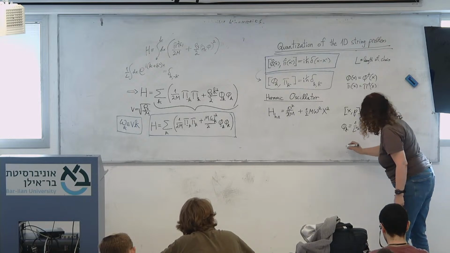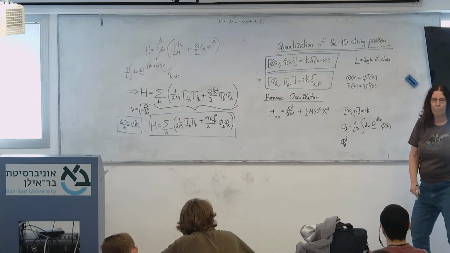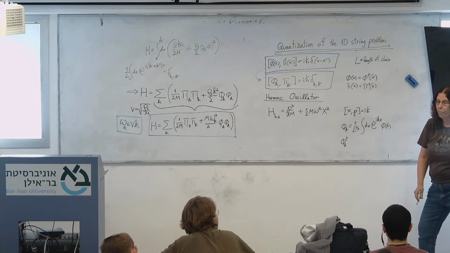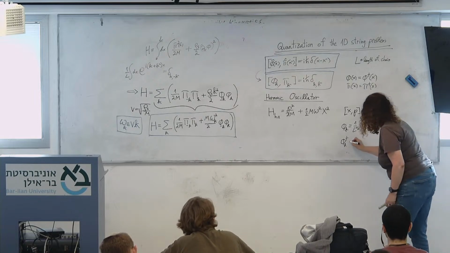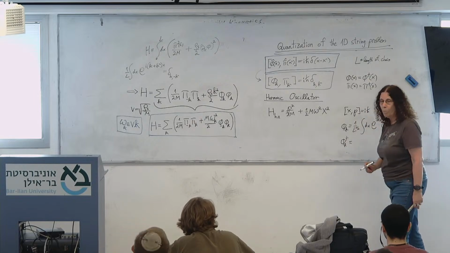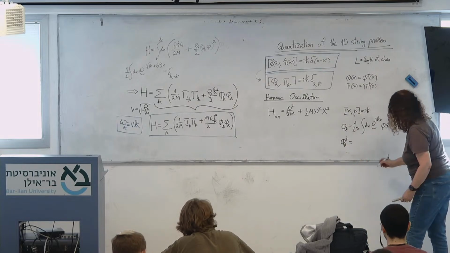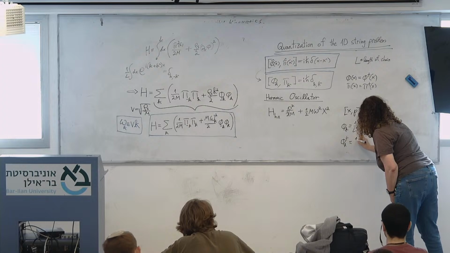What is phi k dagger? Minus i. Exactly, right. So when you take the dagger, when you multiply it by a complex number, you have to take i to minus i. So let me write it explicitly.